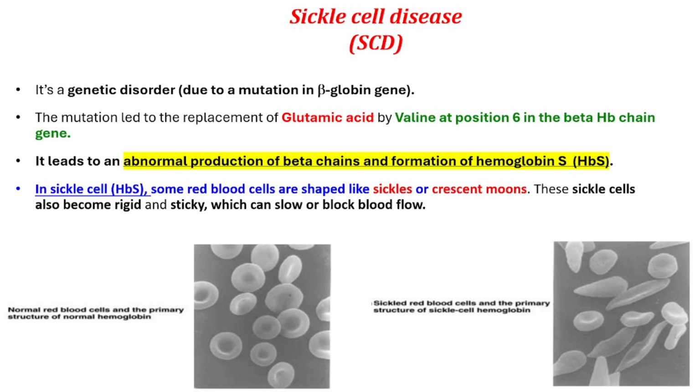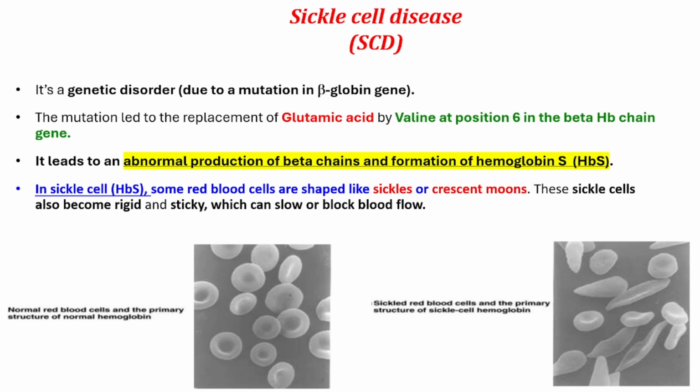This leads to the replacement of glutamic acid. It means when you do the translation of the messenger RNA, you will have glutamic acid replaced by valine. So this is the mutation. Due to this mutation, glutamic acid is replaced by valine.